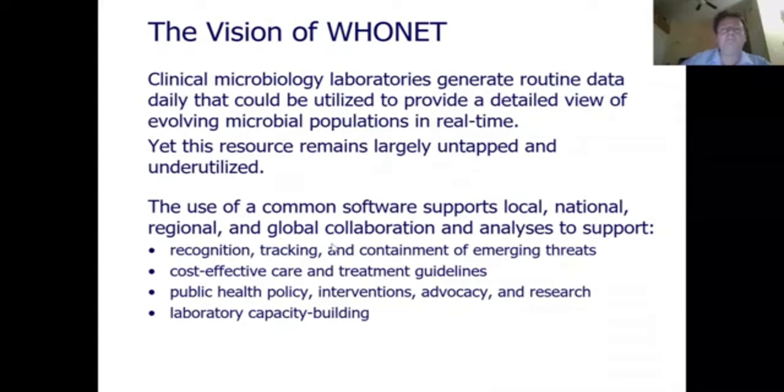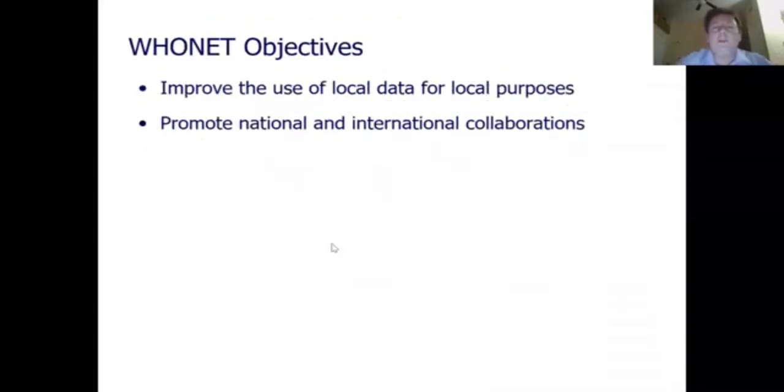So we developed WHONET with 2 objectives in mind: improve the use of local data for local purposes, and secondly, to promote national and international collaborations through the use of a common software with common tools. Between these 2 objectives, the more important one is local data for local purposes. Because if you find the software useful for your pharmacy, infection control, researchers, policy, then the software will continue to be used into the future.